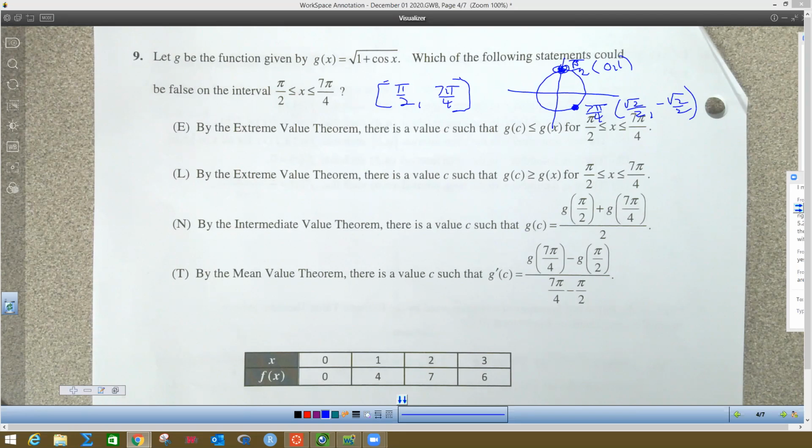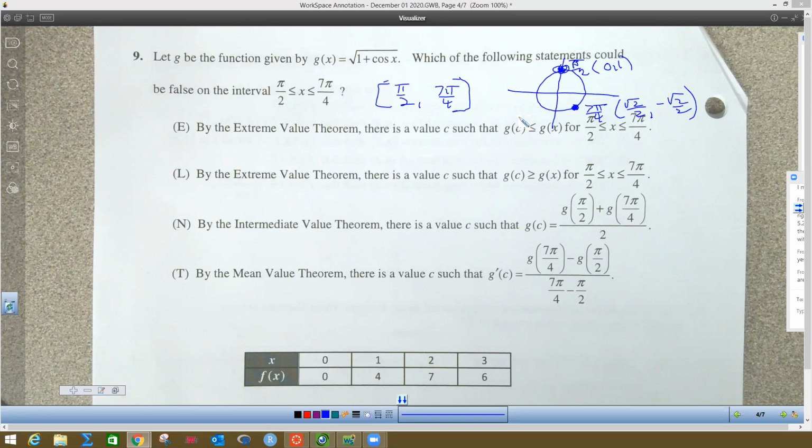So my question to you is, is the extreme value theorem going to tell us that something is less than something else? It says there is going to be some c that's less than or equal to everything in g of x.